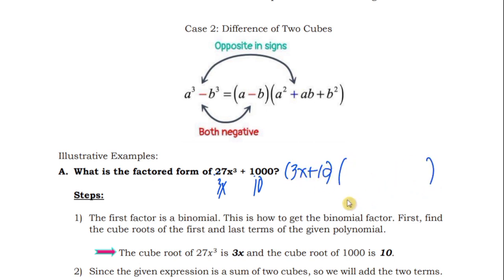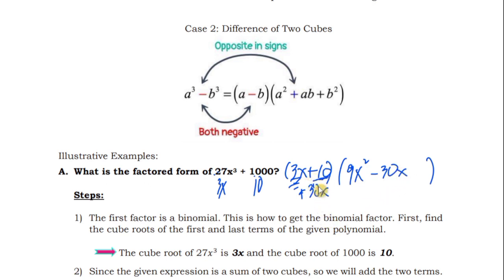How about the second factor? We now have the square of this, and that is 3x times 3x, which is 9x squared. Then we get the product of 3x and 10, which is positive 30x. So the opposite of that is negative 30x.